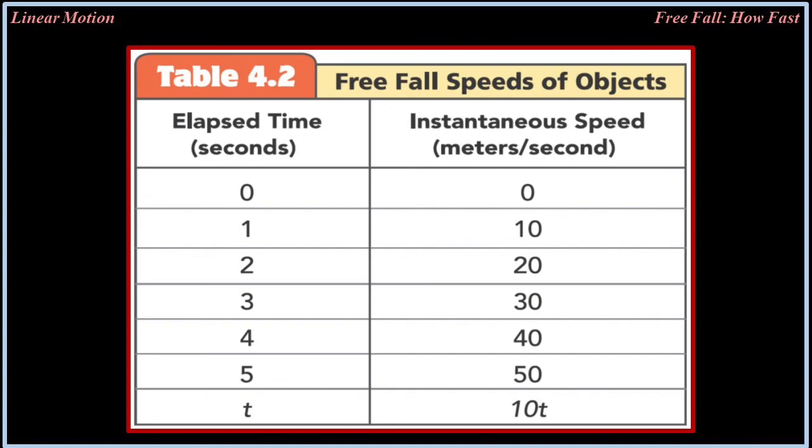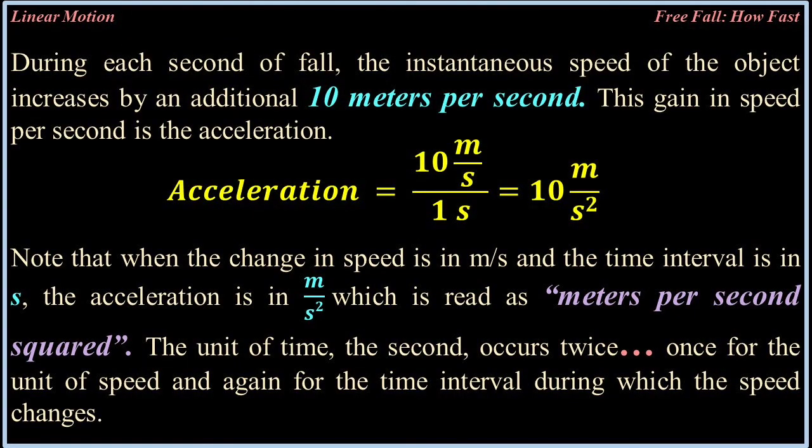Here's Table 4.2 for your perusal. During each second of fall, the instantaneous speed of the object increases by an additional 10 meters per second. The gain in speed per second is the acceleration. Acceleration equals 10 meters per second per second, which is 10 meters per second squared.